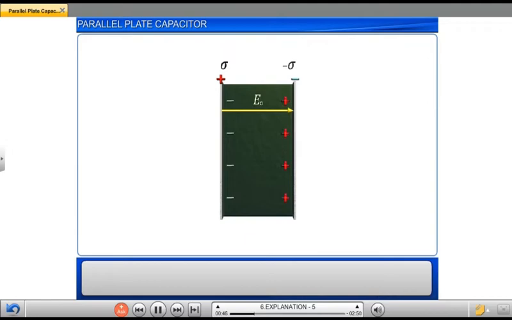Due to this, there is a weak induced electric field, say E dash, in the direction opposite to that of E naught, since the dielectric material has a lesser number of free charge carriers as compared to the metal plates, which are conductors.